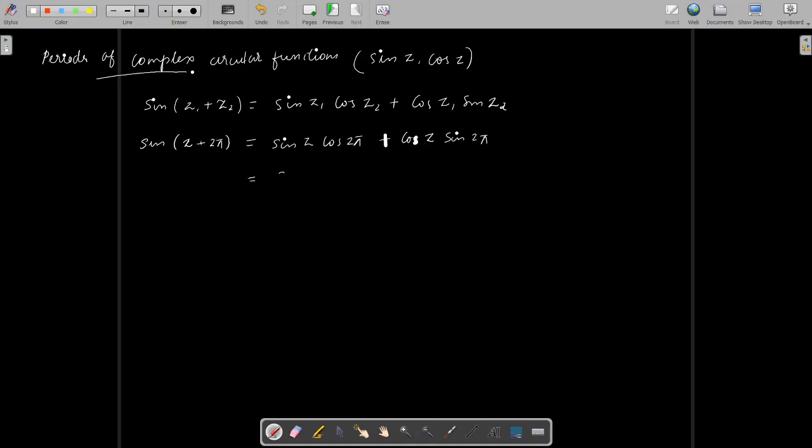We know that cos 2 pi is 1, so the first term is equal to sine z. And we know that sine 2 pi is 0, so the second product is 0. So sine of z plus 2 pi is equal to sine z for all z belonging to the complex numbers C.